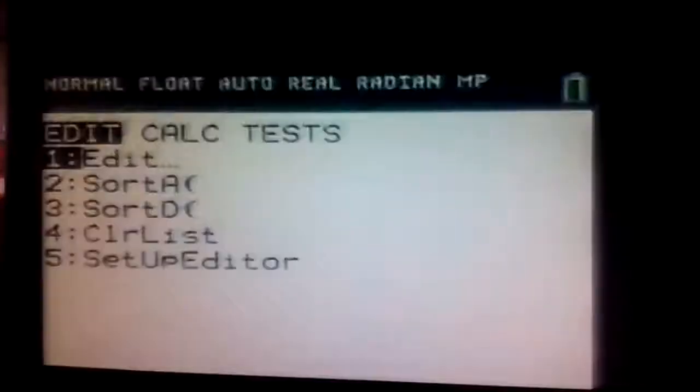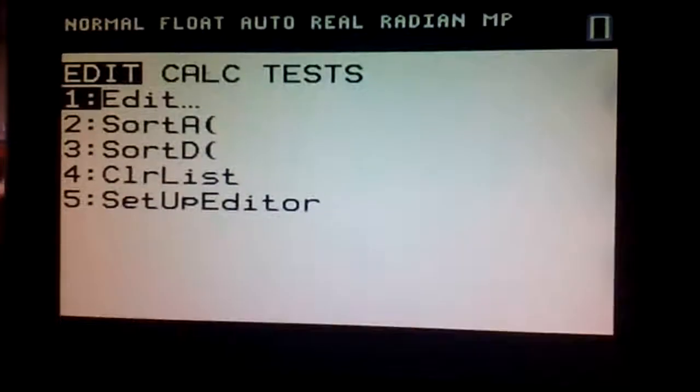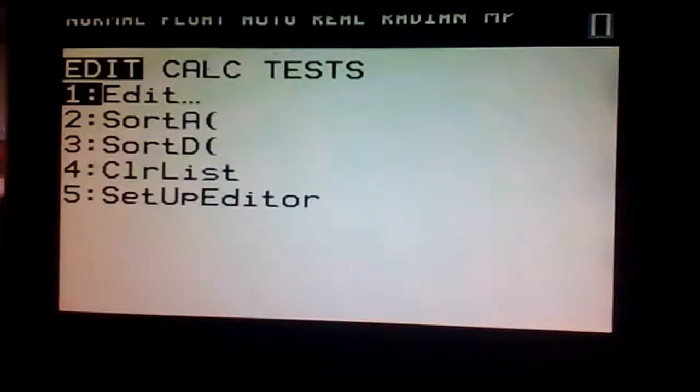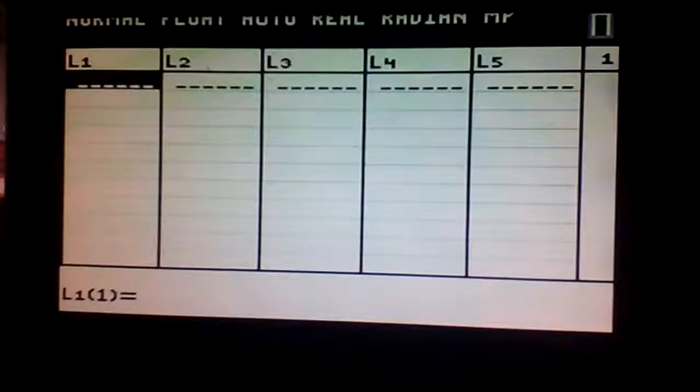It's underneath delete, which is underneath zoom. It's kind of in the middle at the top. Hit stat. Okay, you want to edit. So you want number 1, and this page should show up.